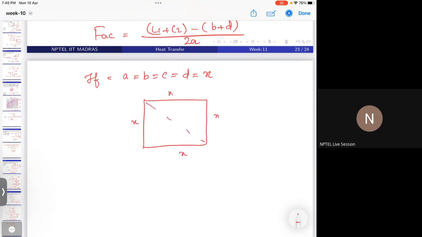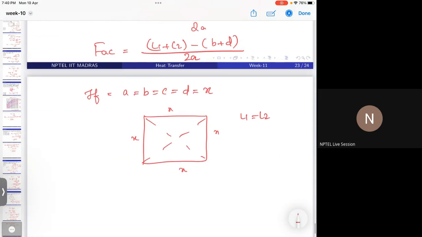So what are L1 and L2 in this case? This is root 2 x, right? Because of the Pythagoras theorem, if you apply it. I hope you understood how I got root 2 x. Yes, sir.